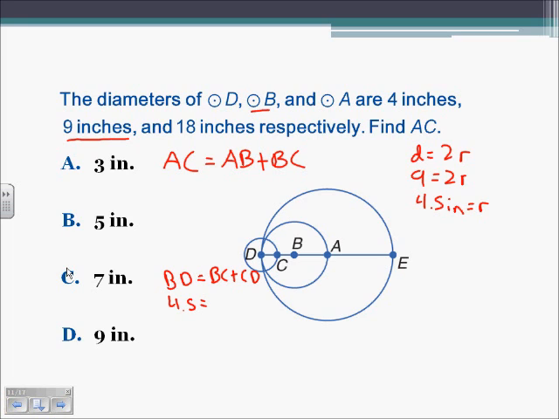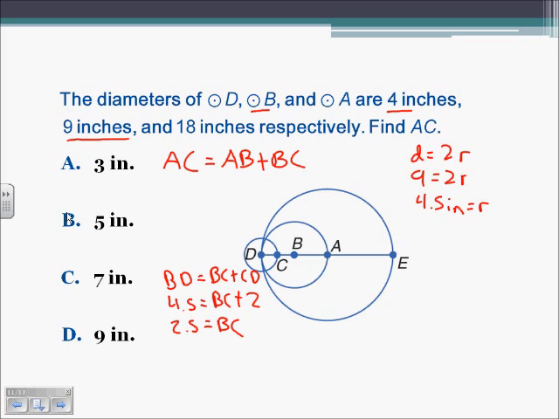We know CD is a radius of circle D. Circle D has a diameter of 4 inches. So we know the radius of that circle is going to be half of that diameter, so that's going to be 2 inches. So we're going to have BC, which we don't know, plus CD, which is 2 inches. So BC then we know is going to end up being 2.5 inches.